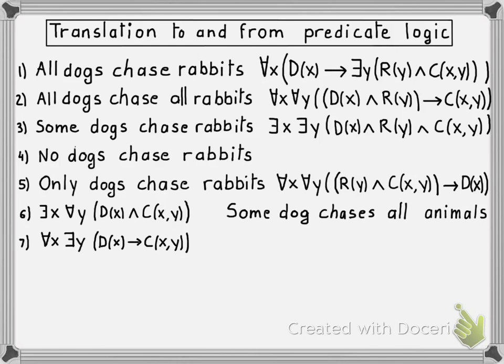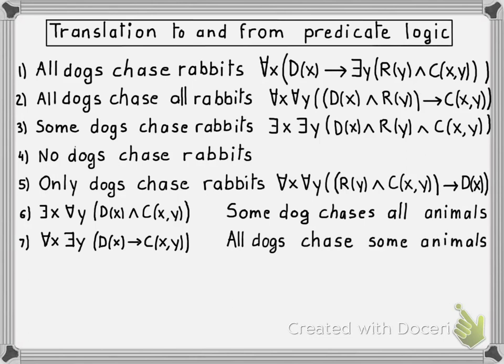In other words, all dogs, something. So what do dogs do? Well, dogs chase Y. And Y is existentially quantified, so it means some element in the universe, some animal. So in other words, the translation of this sentence is all dogs chase some animals.